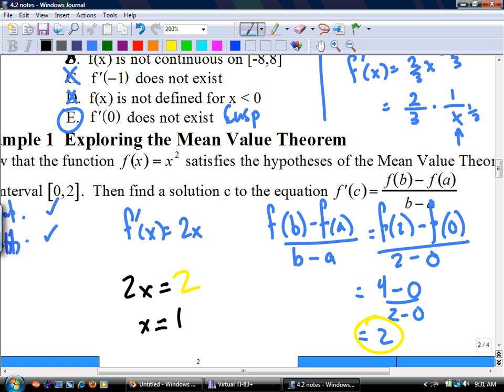There's only one c, Mr. Epp, and it's c equals 1. And you're done. No. Yeah, you put 2 in for x. So 2 squared is 4. How's that? Cool? Okay.